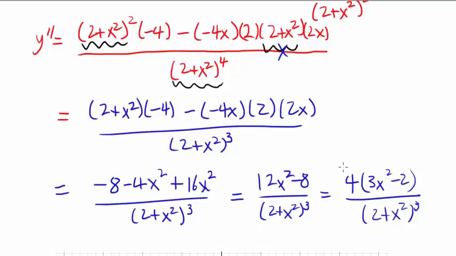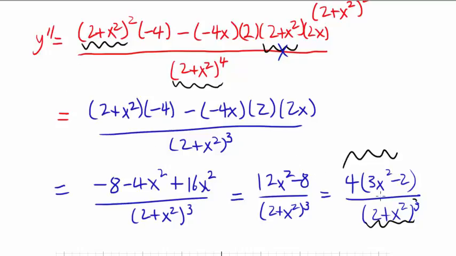So let's start by finding the critical points, setting this equal to 0 or undefined. We start by realizing that because the bottom, 2 plus x squared cubed, is always positive, it's never going to be equal to 0, meaning the entire expression of y double prime is never going to be undefined. But can it equal 0?